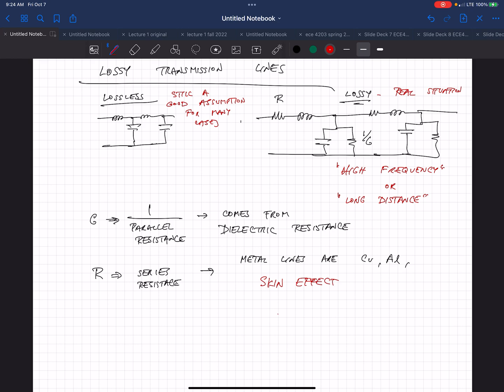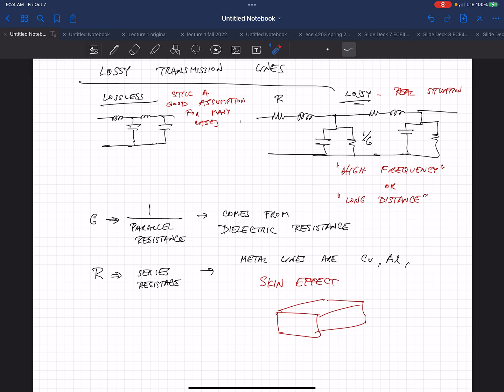It turns out that if you look at a piece of metal, at low frequency, you're using the entire cross section of the metal for the conduction of your current and voltage. As the frequency goes up, you start getting less and less of the total cross section, and more and more of that stuff gets bunched up towards the outer part of the metal layer.